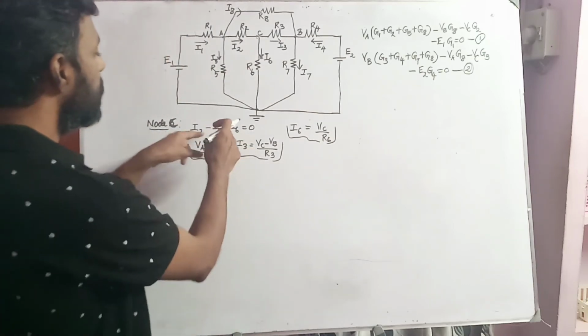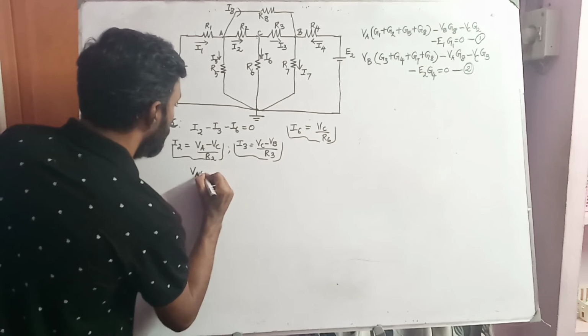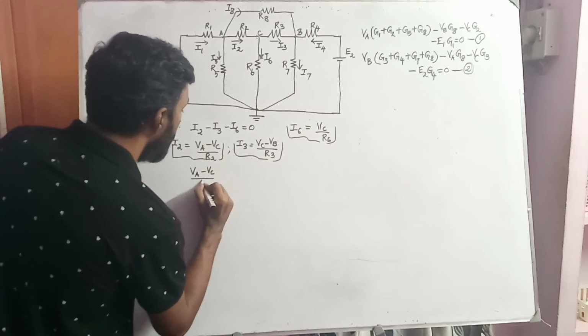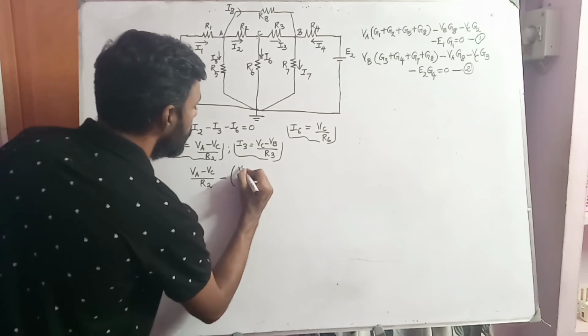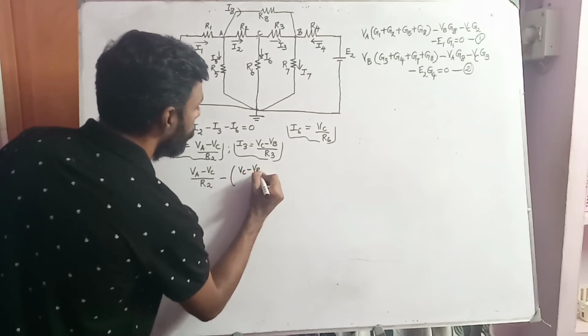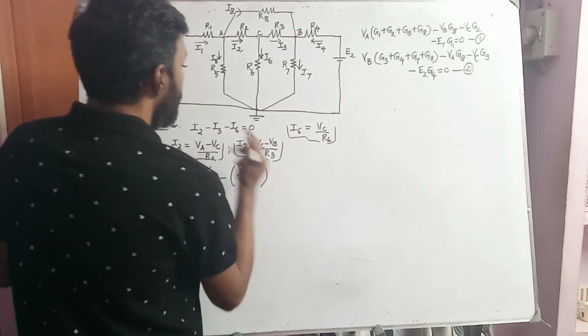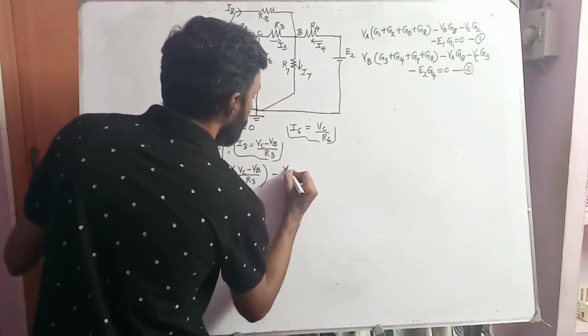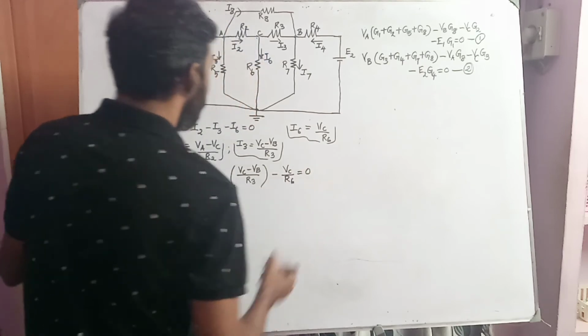So substituting in this equation, I'll be getting VA minus VC divided by R2, that is for I2, minus VC minus VB divided by R3, minus I6. Minus I6 will be VC divided by R6, which is equal to 0.